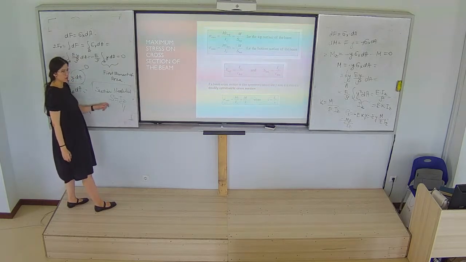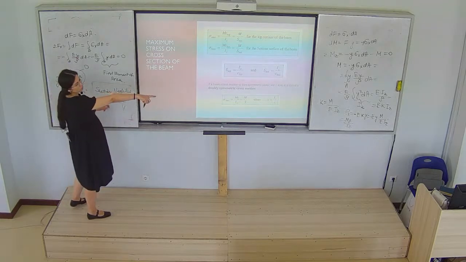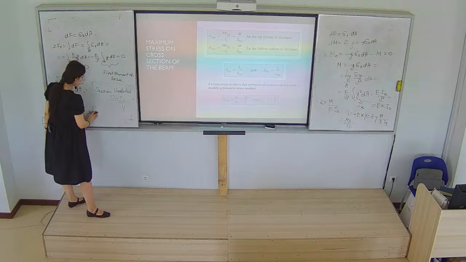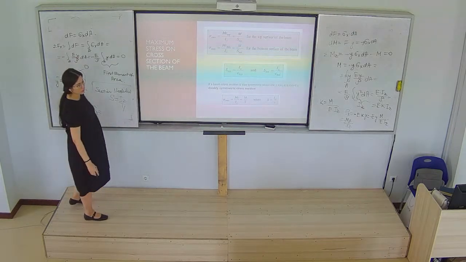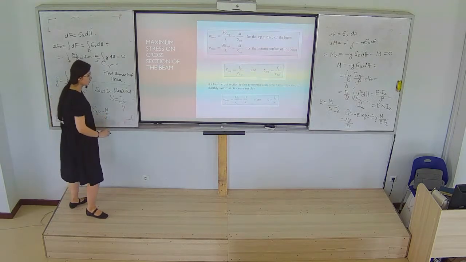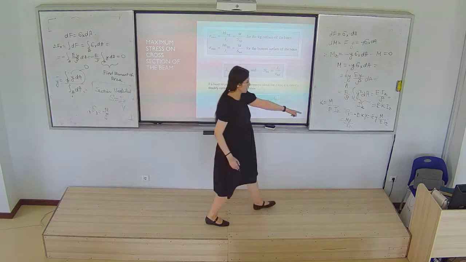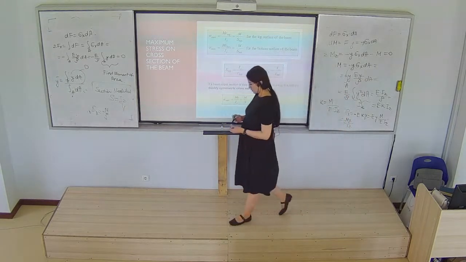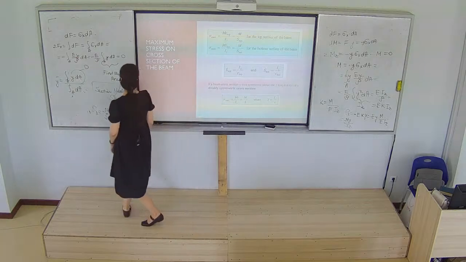By using this one, I can rewrite that formula. It means that our sigma x will be equal to minus M over S. I'm changing this formula. That's it.